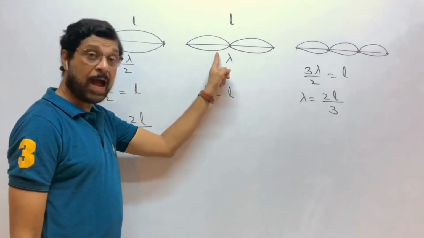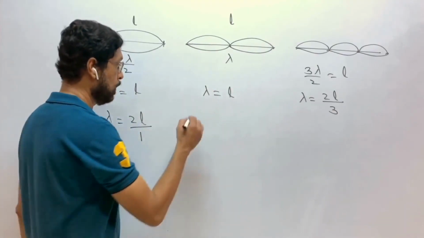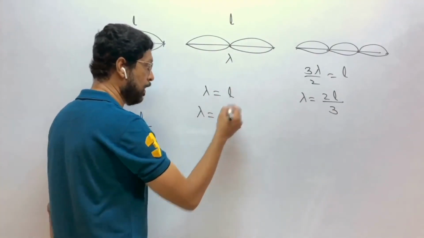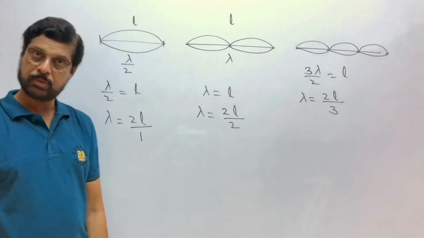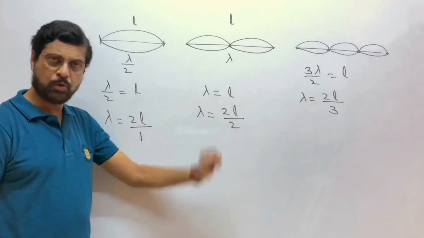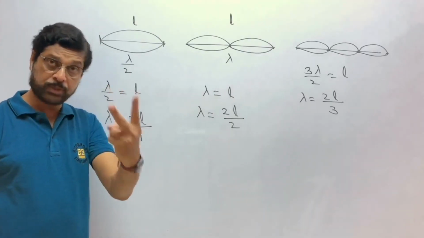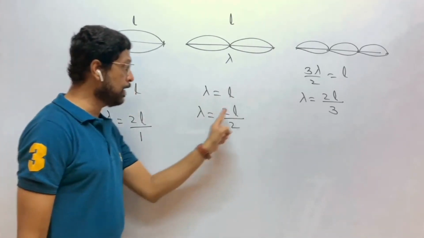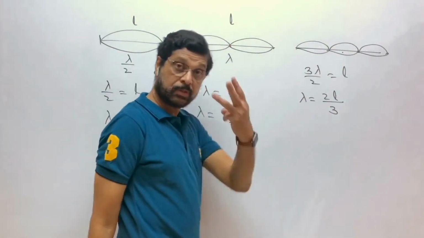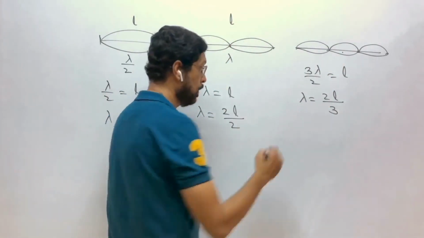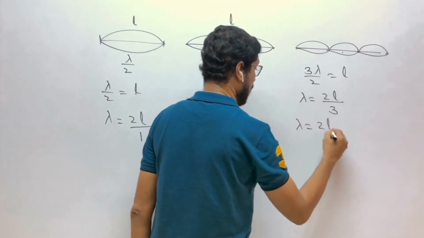For second harmonic, two loops, lambda is L, means 2L by 2. Chalega? L can be written as 2L by 2. Means for two loops, for second harmonic, wavelength is 2L by 2. For three loops, third harmonic, lambda is 2L by 3.